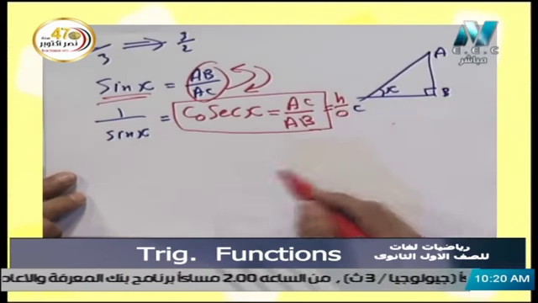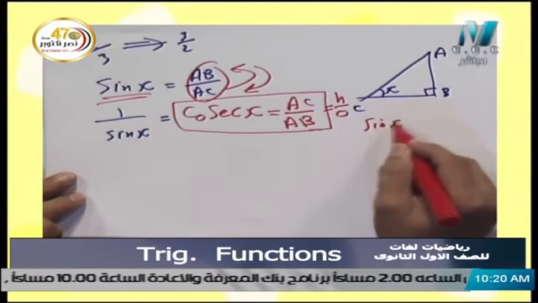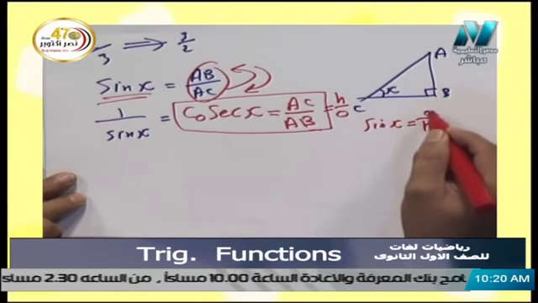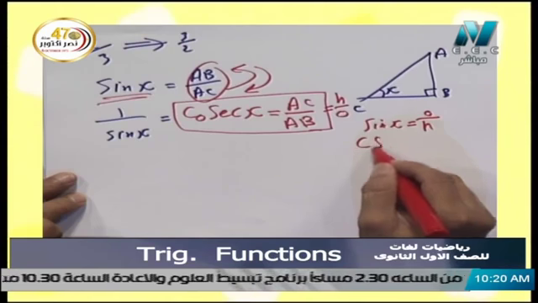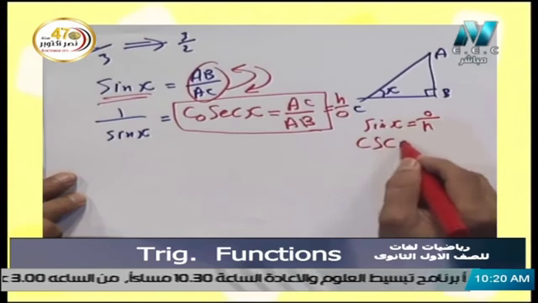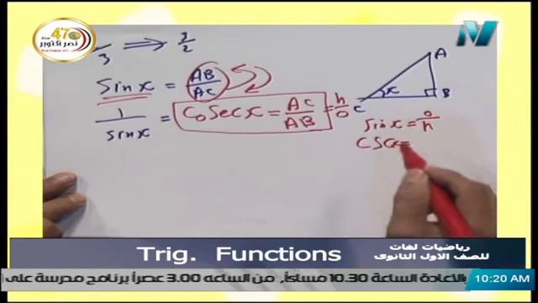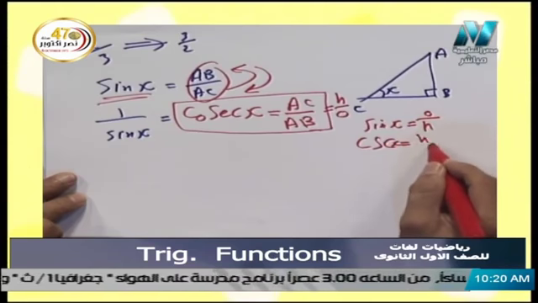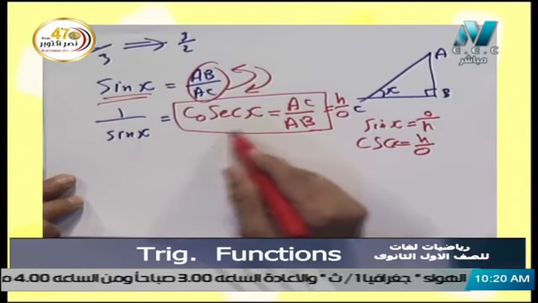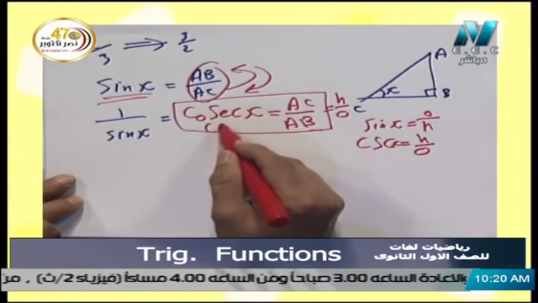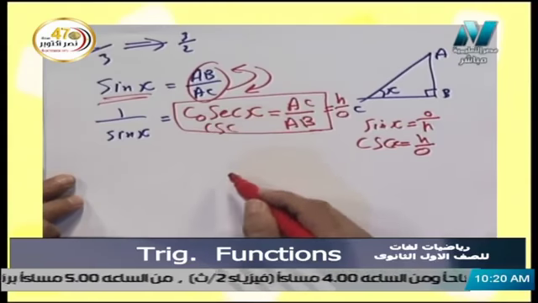Sine of an angle equals opposite over hypotenuse, but cosec, which we can call CSC, will be hypotenuse over opposite.